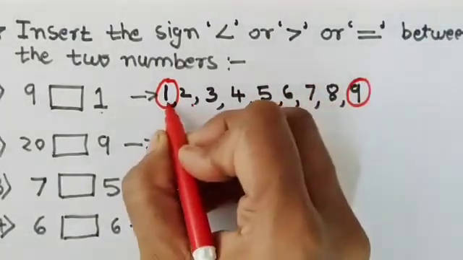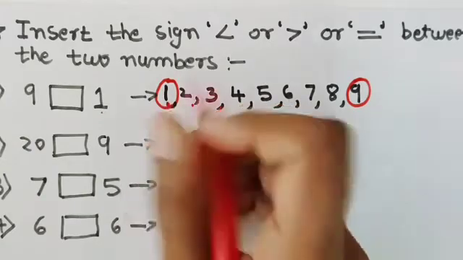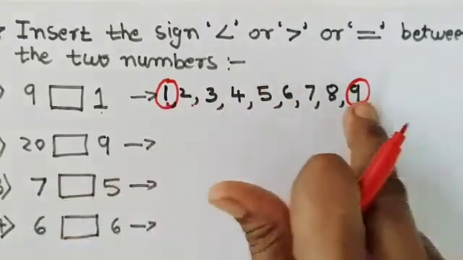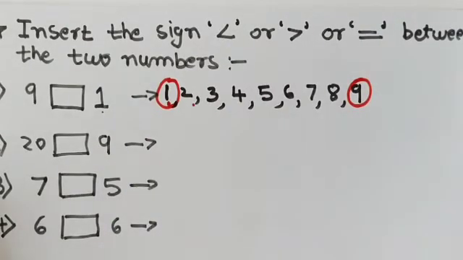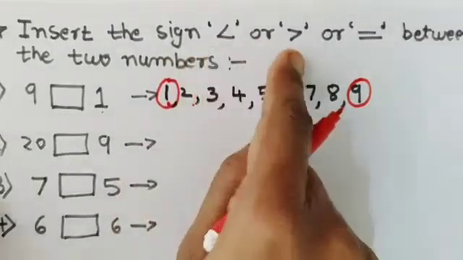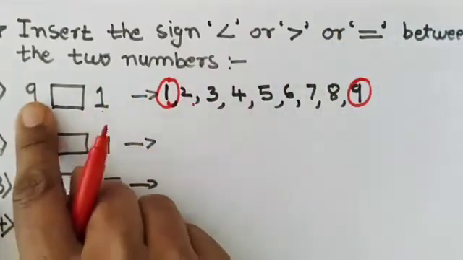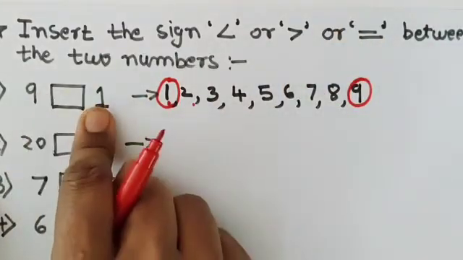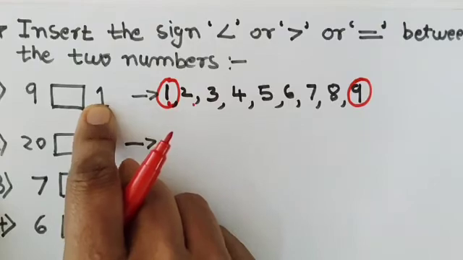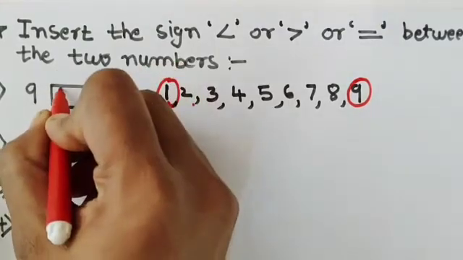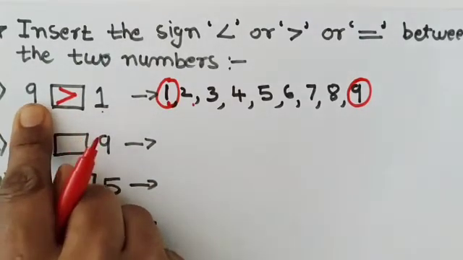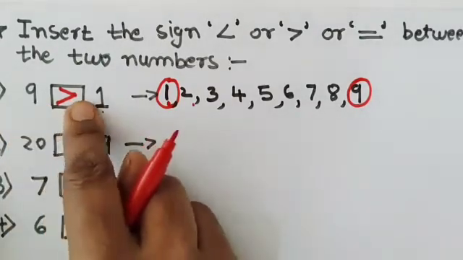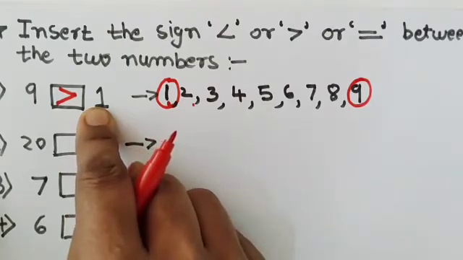So 1 is the smaller number because it comes before 9. So how do we write it with the symbols? Here 9 is greater than 1. So the crocodile will open his mouth towards the greater number, and 1 is the smaller number.